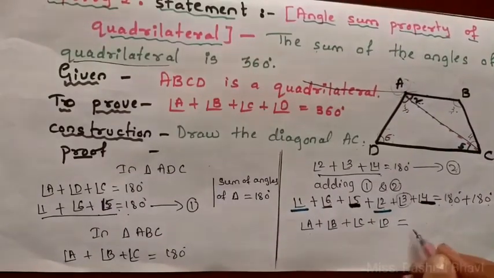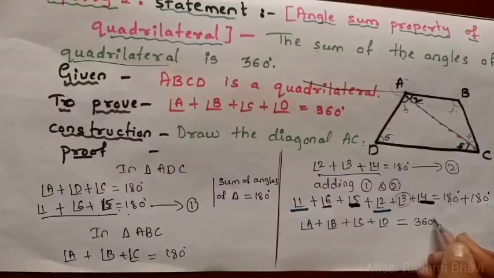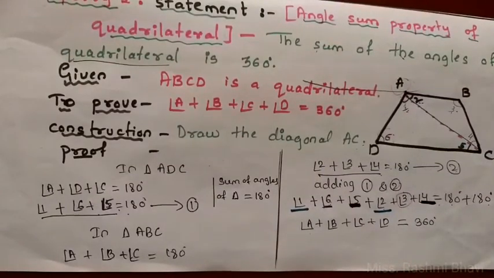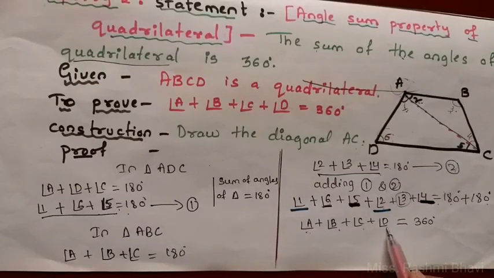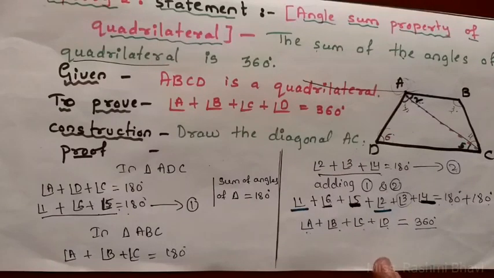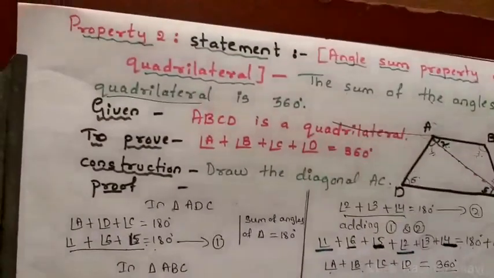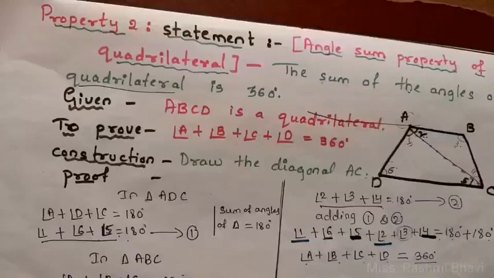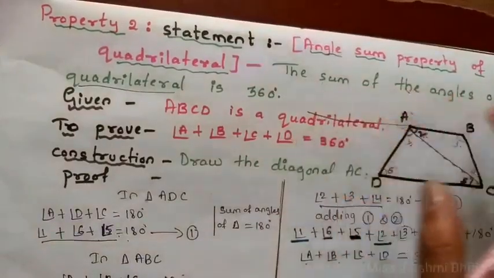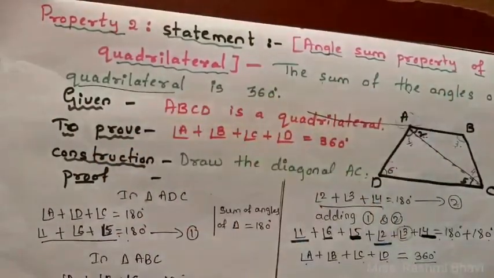How much do we get here? 360 degrees. The sum of the 4 angles of a quadrilateral is 360 degrees. This is the angle sum property of a quadrilateral. This is our theorem: the sum of the angles of a quadrilateral is 360 degrees, which is our proof.